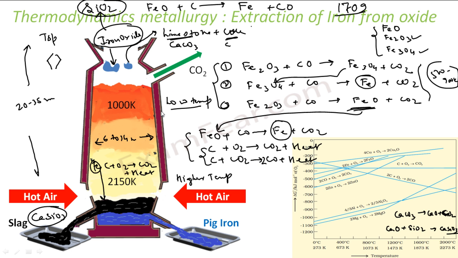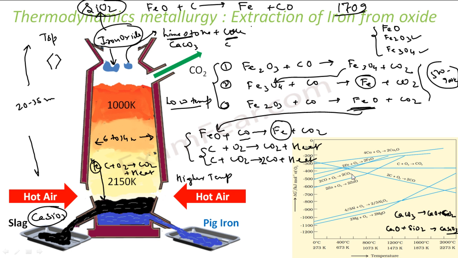Now, here we are applying the thermodynamics principle. Why? Because these two reactions happen at two different temperatures. If you talk about the FeO and carbon monoxide reaction, if you see this Ellingham diagram, this is my FeO line, and this is my carbon to carbon monoxide line.